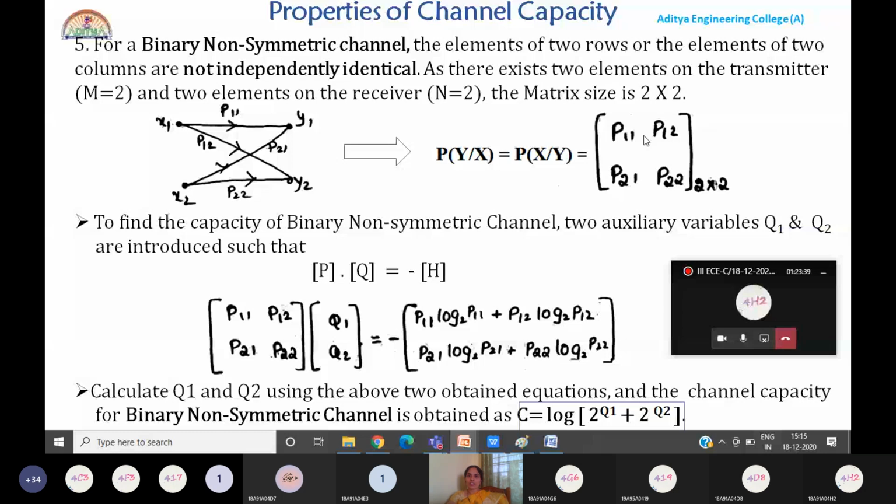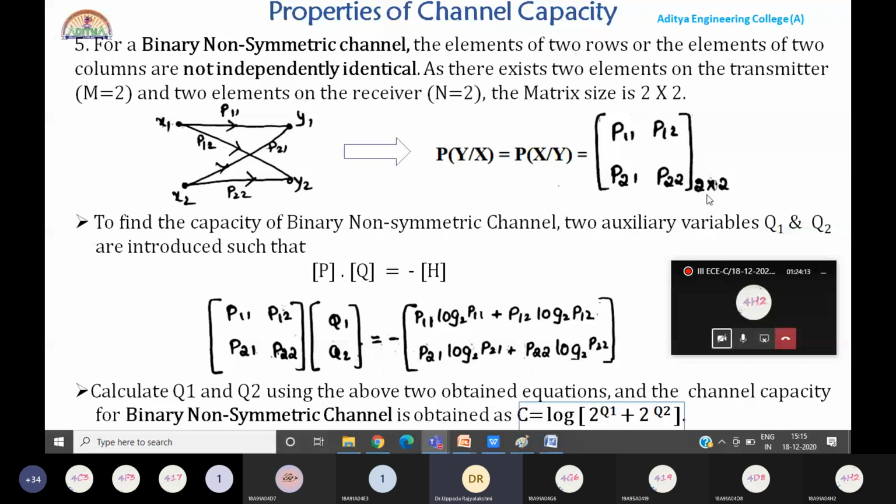But if you observe the probability values, all of these are not identical because it is a non-symmetric channel. Using the channel shown here, we have constructed the probability matrix consisting of x1, y1 element as p11, x1, y2 element as p12, x2, y1 element as p21, and x2, y2 element as p22.